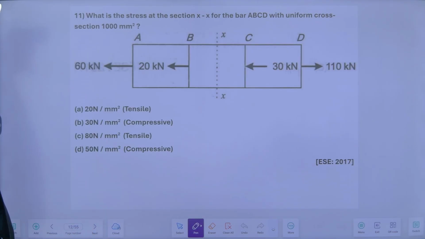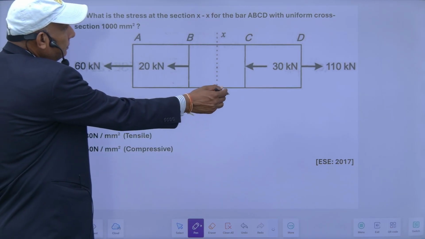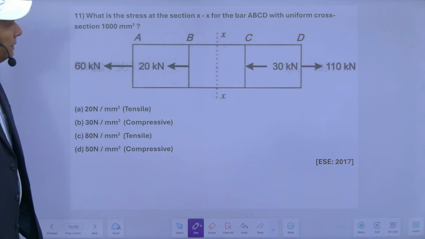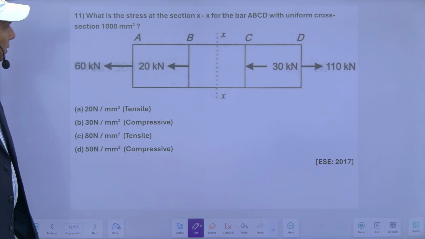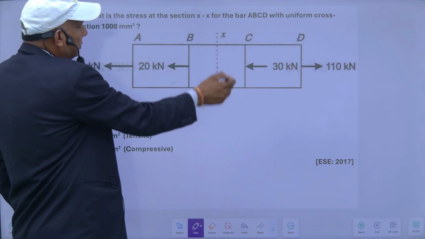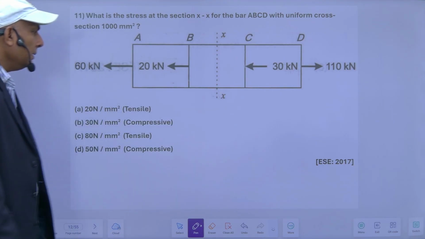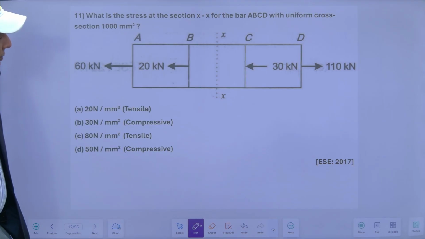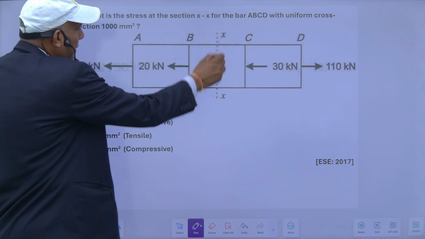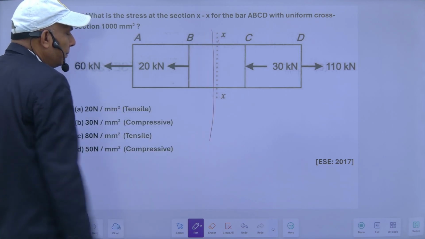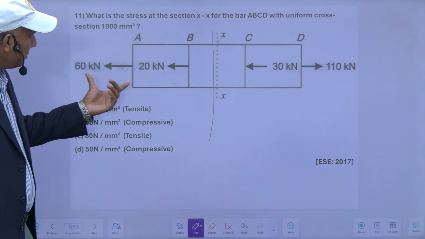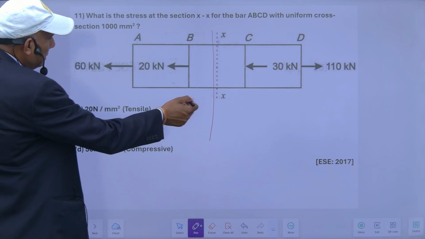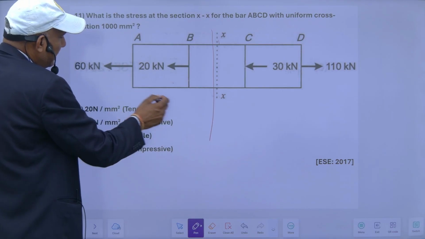What is the stress at the section XX for the bar ABCD with uniform cross section? At this section I have to calculate the stress. As I have defined earlier, you have to draw the free body diagram here. The total force acting is 60 plus 20, since both are acting from right to left, so the direction is the same for both.